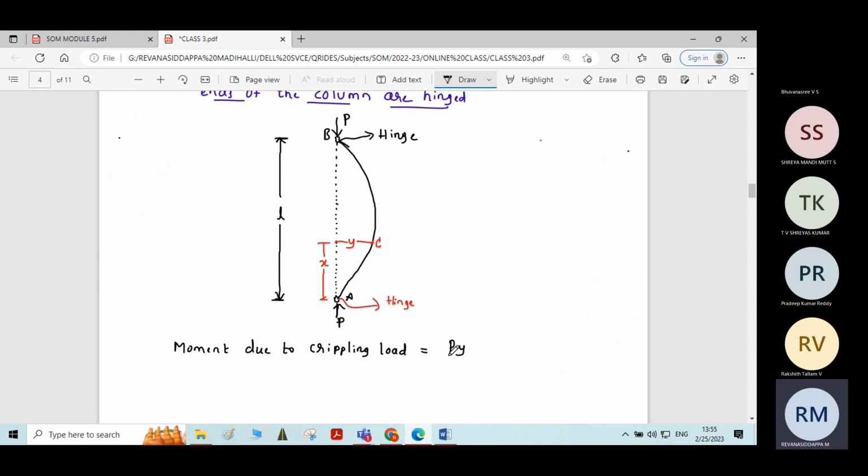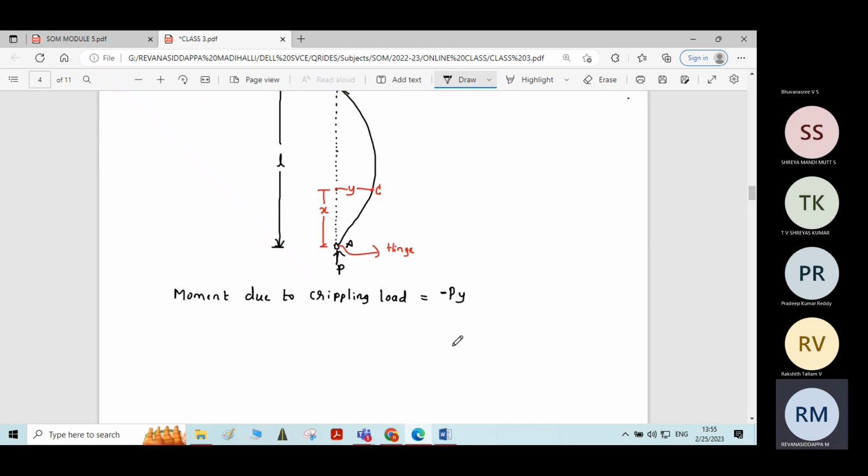Tell me the sign. Negative, yes. If it is concavity, then it is negative. If it is convexity towards the center line, then it is positive. So here the column is concave towards the center line. Therefore, the sign is negative.